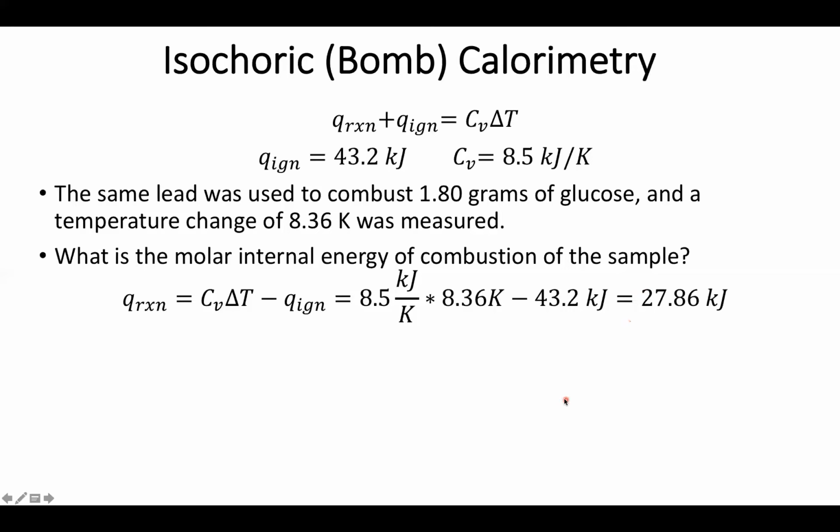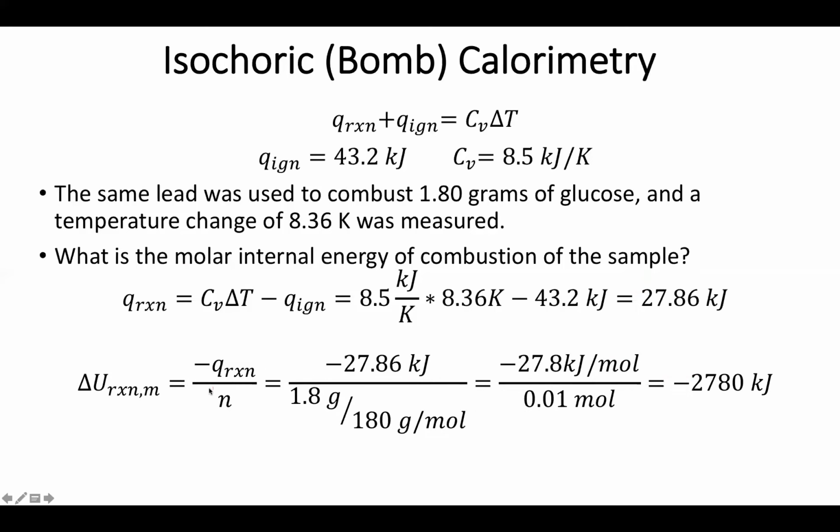Similarly, we also have to look at the molar internal energy, so we have to correct for the number of moles of glucose combusted. We can do this by simply taking our mass of glucose and turning it into the number of moles using our molecular weight.